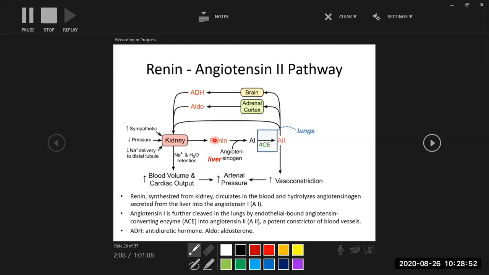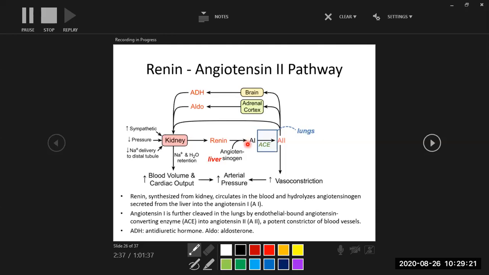Then the renin will convert angiotensinogen. Angiotensinogen is a hormone released from the liver. It flows in the blood. When it sees the renin, angiotensinogen will be converted to angiotensin 1, A1 here. Angiotensin 1 then flows around in the blood.